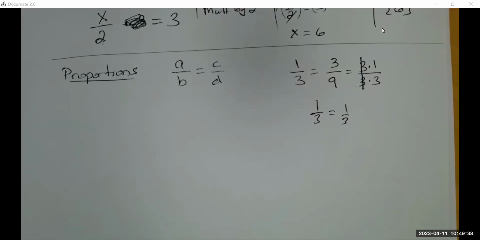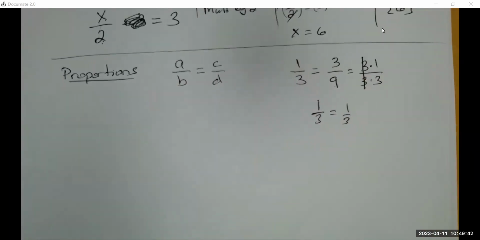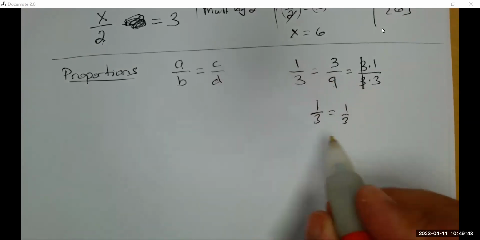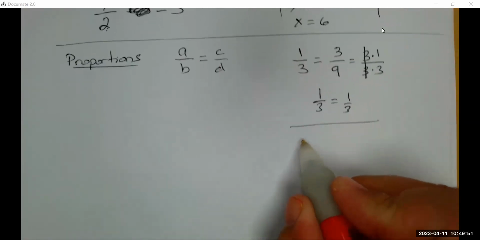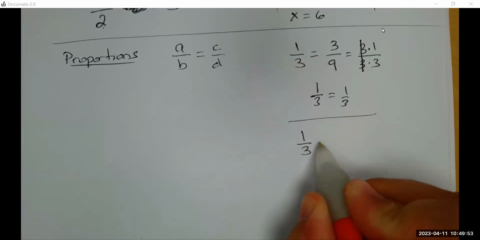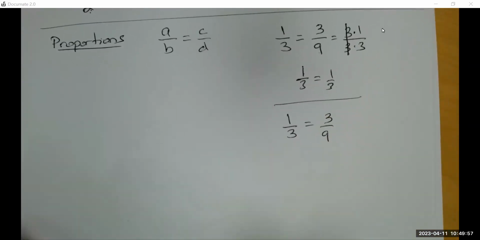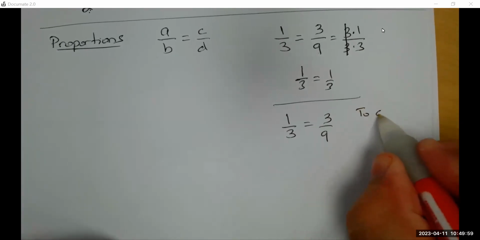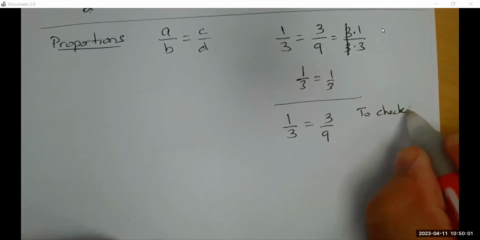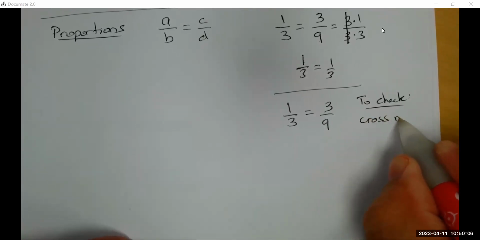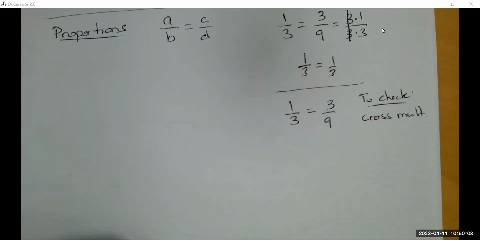Now, the easiest way to check if the proportion is true, because yes, you could prime factorize all of them, but that's a lot of work. Let's look at this example again. 1 over 3 equals 3 over 9. To check, cross multiply.